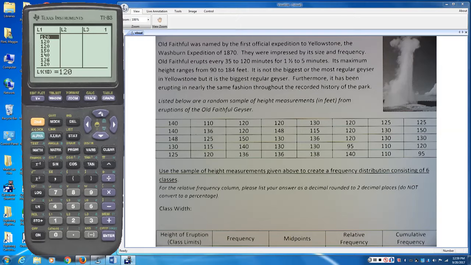No, that's not what you need to do. You need to go all in one column.